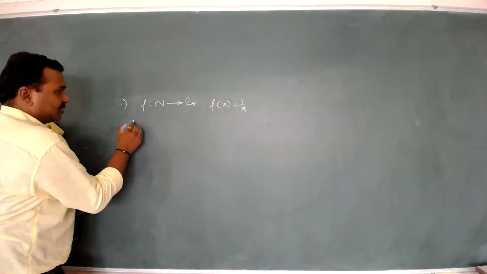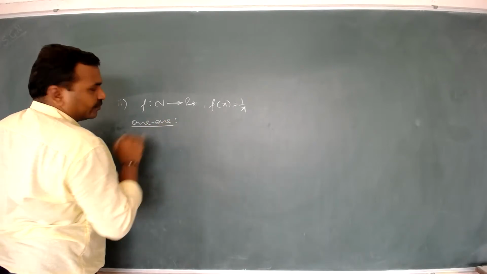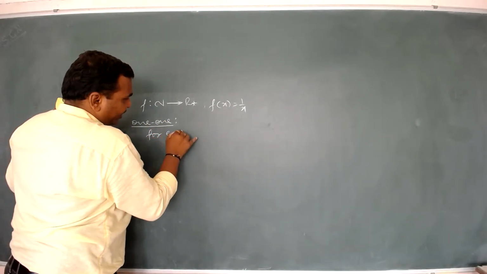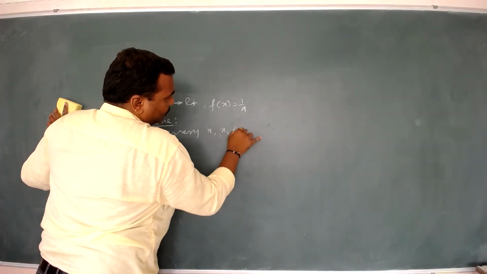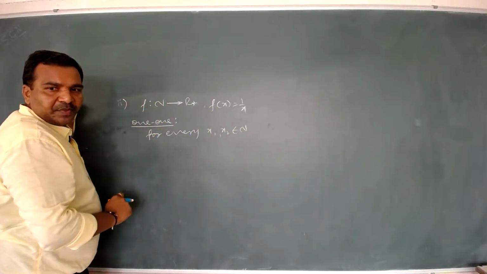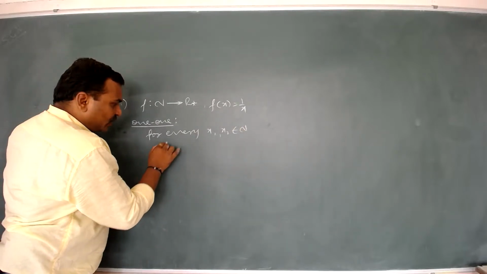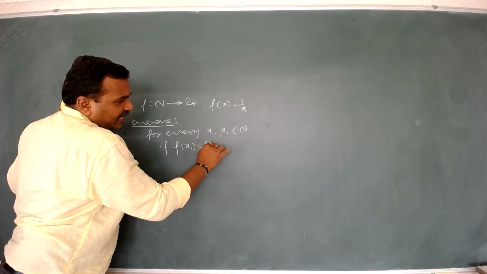Yes, first 1-1. For every x1, x2 belongs to N, no need to mention domain because both are different now. For every x1, x2 belongs to N, if possible, f of x1 equal to f of x2.